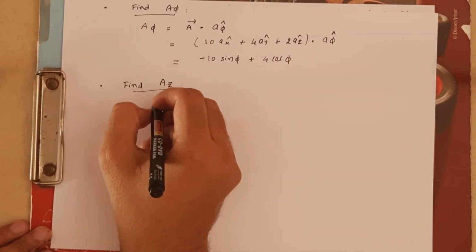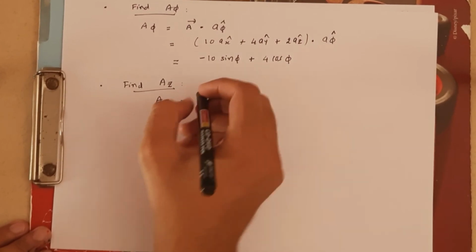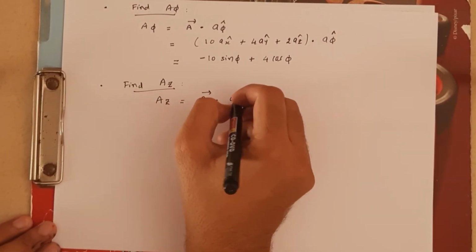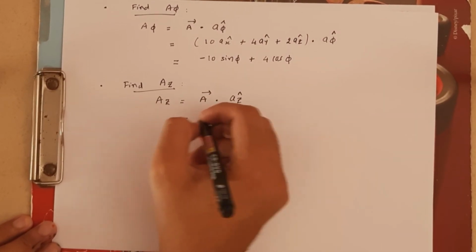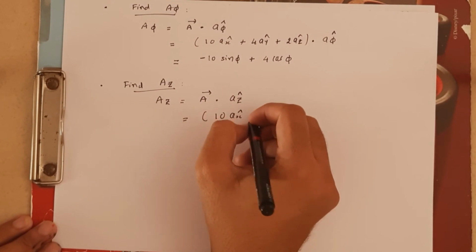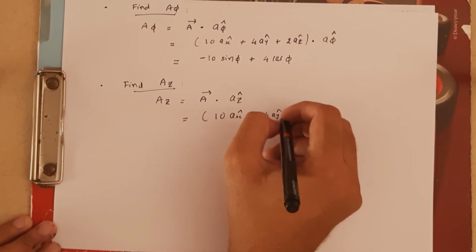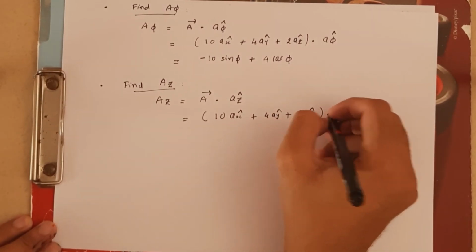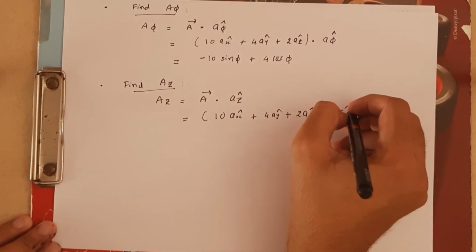And the last calculation is for Az. Find Az. Az is equal to, we do the same way, the A vector dot az unit vector. The A vector is our given vector, which is tan ax plus 4ay plus 2az dot az.